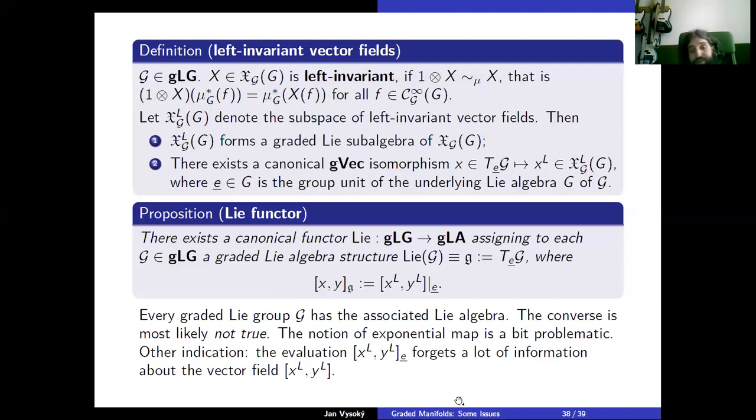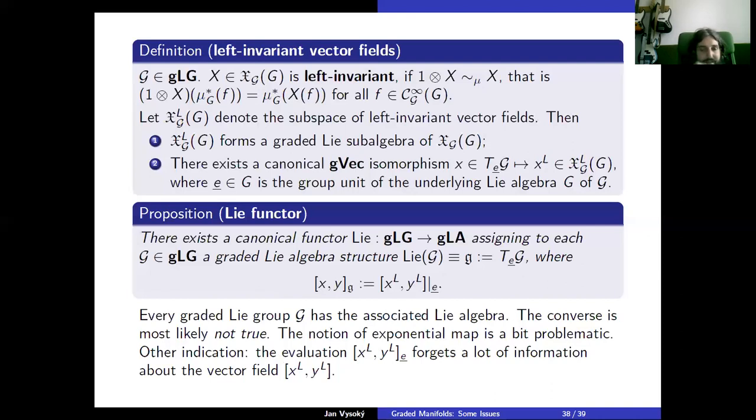And also there is one note here. I told you that a vector field is not determined by its values. It's a phenomenon appearing for graded manifolds. For example, here, if you evaluate this vector field at the unit, you forget almost everything about your vector field. So I doubt that the converse will be true, that I can integrate Lie algebras to graded Lie groups all the time.